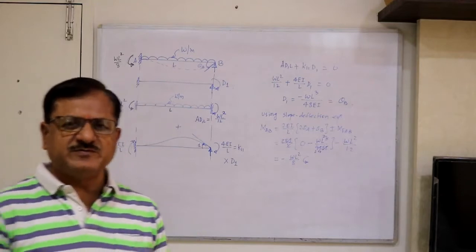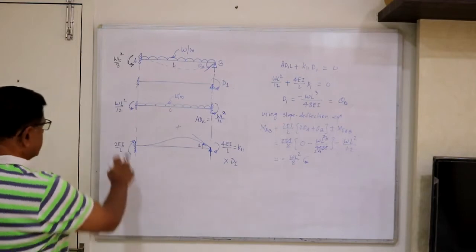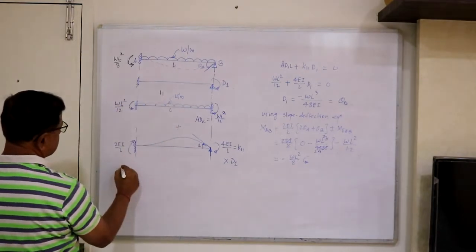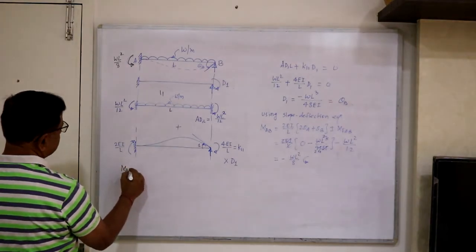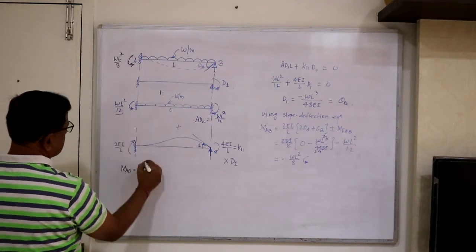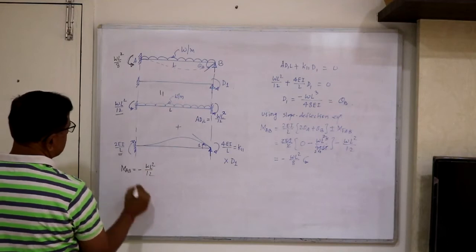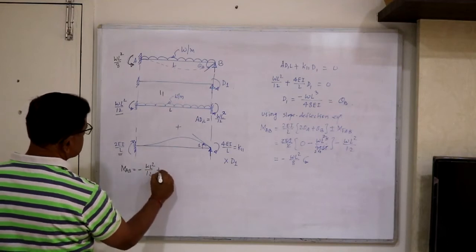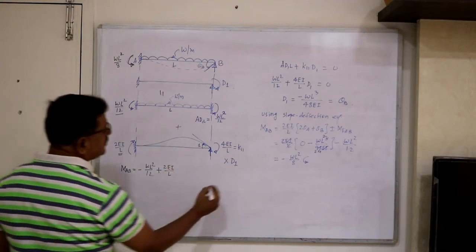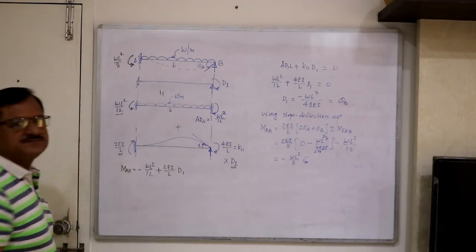Instead of going for slope deflection equation, I will tell you a very easier thing, that just look at the beam. So now MAB, I will write down here directly, MAB, this minus anti-clockwise WL square by 12, and this is clockwise, plus 2EI upon L into D1, that's all.